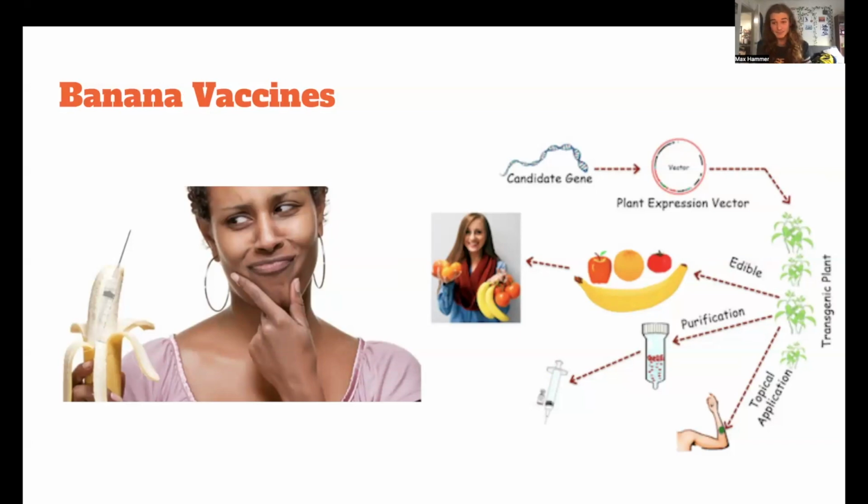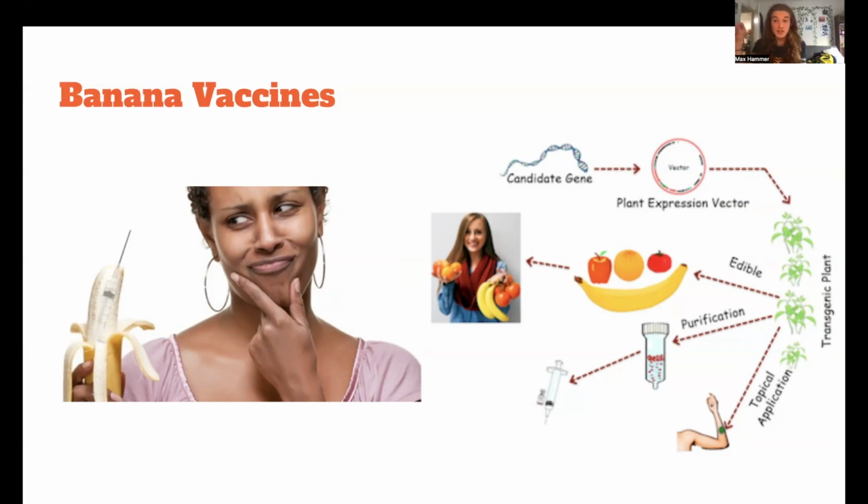A vaccine is just a little piece of protein that your immune system recognizes, and then your immune system is able to recognize it again in the future when you get sick and infected by, say, a virus or bacteria. The idea is that those proteins used in vaccines are made by genes, just like everything else.